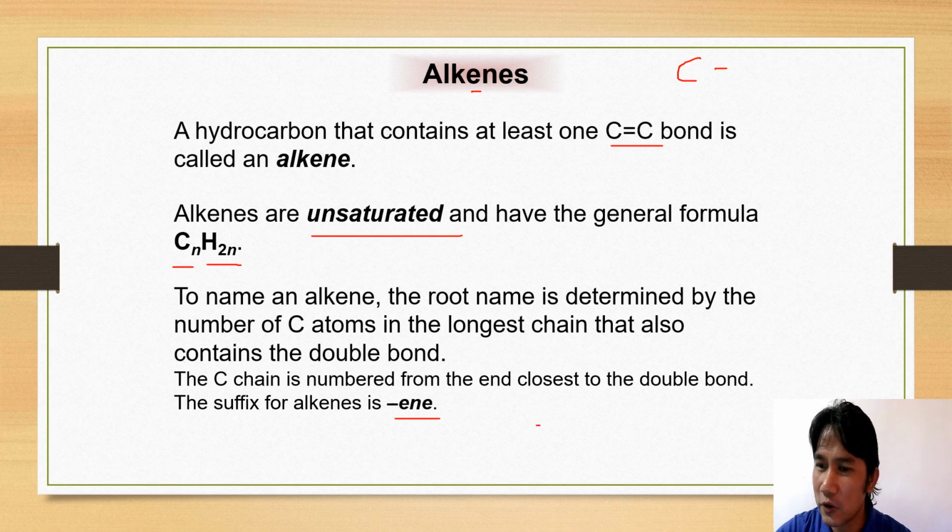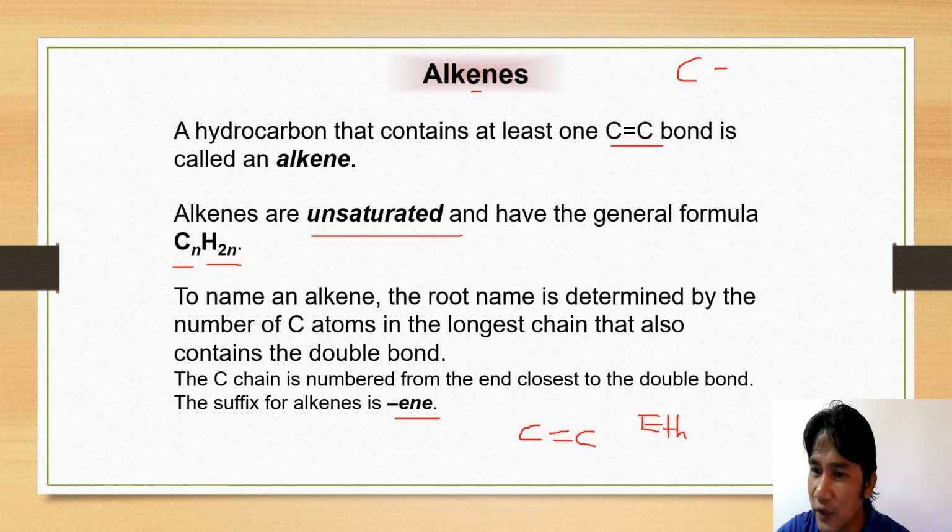Alright? So, for example, here, a carbon-to-carbon double bond. Okay, this is the simplest alkene. Okay? You just have to apply the root, the root word for the number of carbon atoms. For 2 carbon atoms, the root word is et.